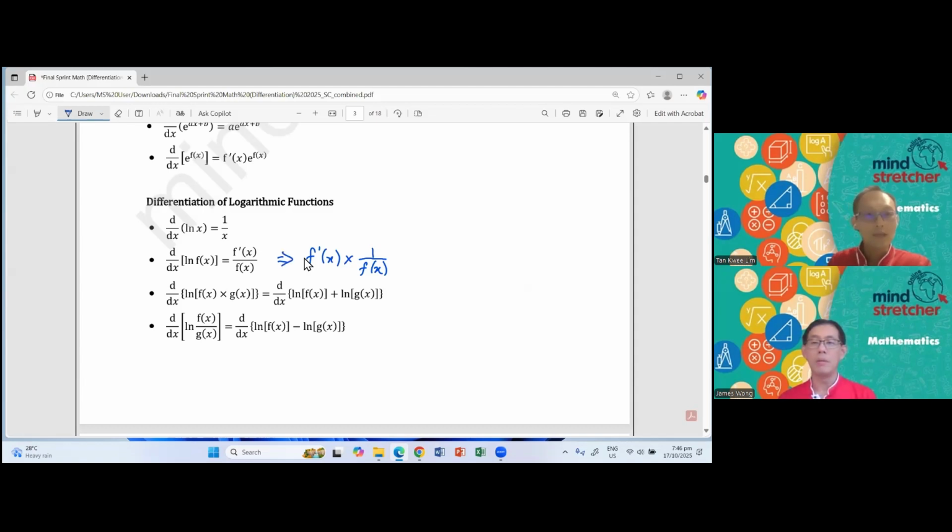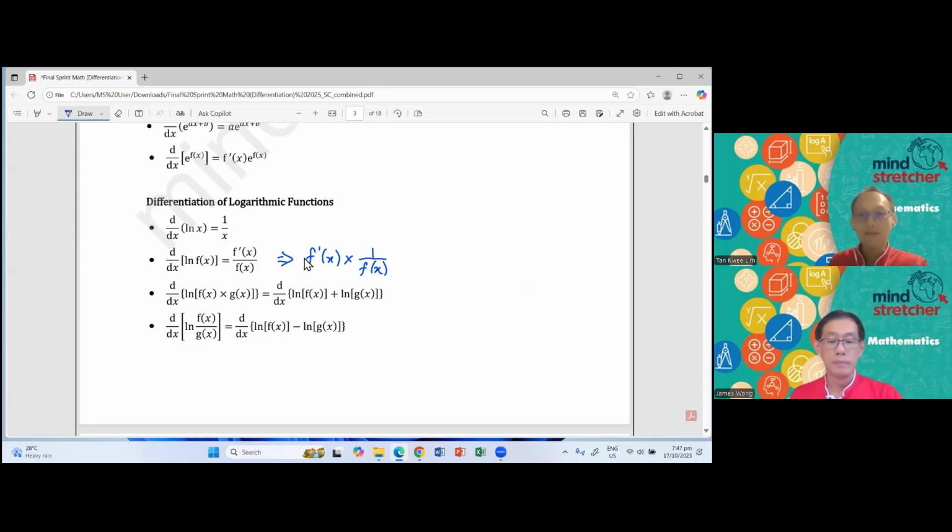Then the next one is the differentiation of a function multiplied by another function. What we can do is separate it out, because remember the laws of logarithm.